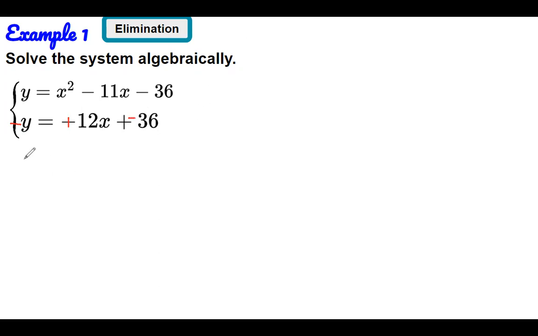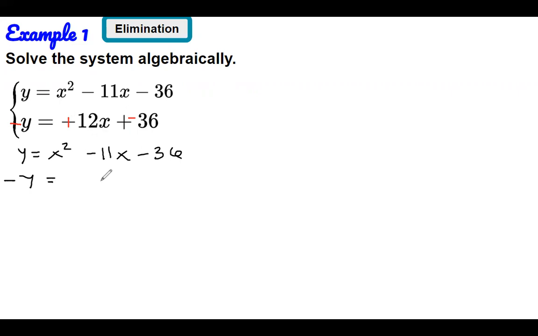Let me rewrite it right underneath. So we have y equals x squared minus 11x minus 36. The equation where I changed signs, I'm going to rewrite so that I have negative y equals. Notice here that I don't have an x squared on the second equation.